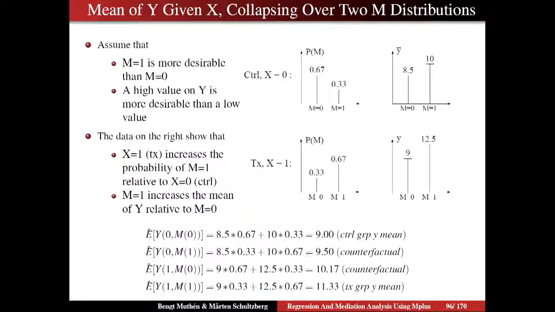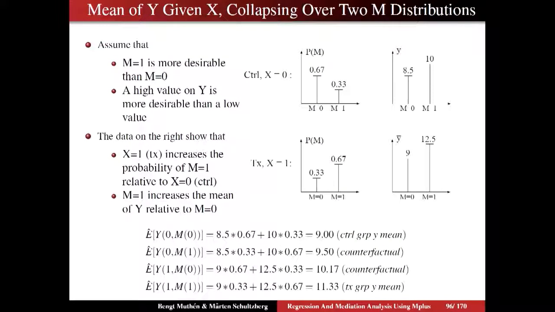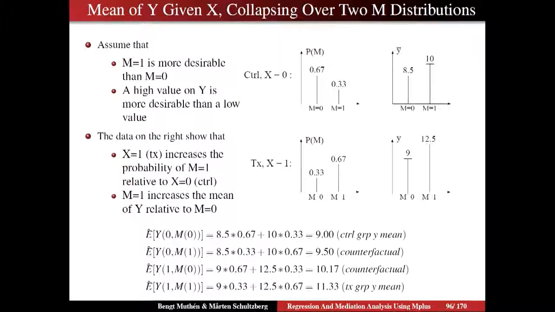And in the control case, we have y for m equals 0 and y for m equals 1. And we notice that m equals 1 is the better mediator value, the more desirable value, in order to get the high desirable y mean, in this case, y bar. So that's this part here. Now we're comparing these two.